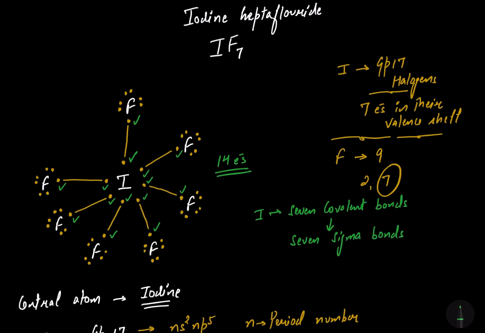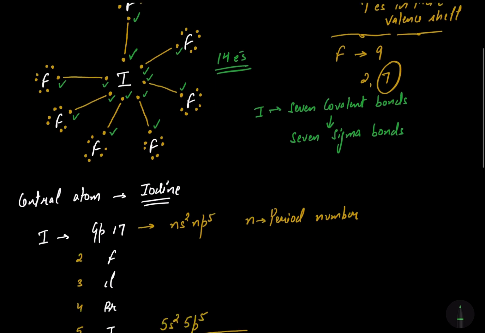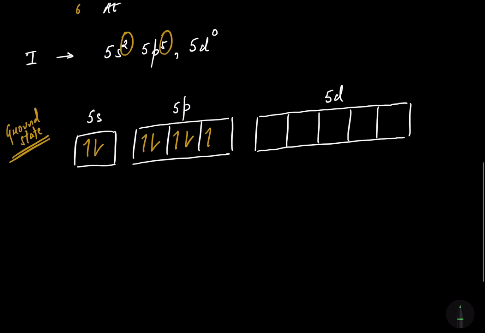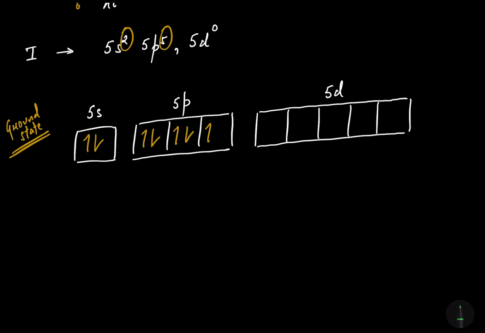That means for the formation of 7 sigma bonds, iodine atom must have 7 orbitals containing 1 electron each that can overlap with the atomic orbitals of 7 fluorine atoms containing 1 electron for the formation of 7 sigma bonds. So let's come to the orbital diagram over here. First of all, iodine must have 7 orbitals containing 1 electron each for the formation of 7 sigma bonds, and for that case we have to excite some electrons from 5s and 5p to the 5d to get those 7 atomic orbitals containing 1 electron.